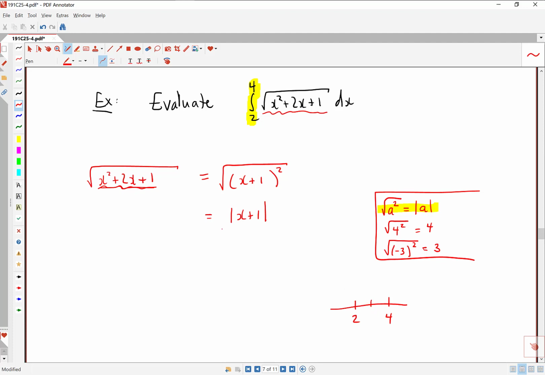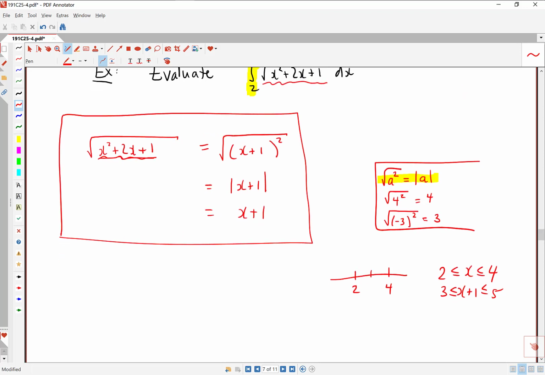And so that tells us for sure x plus 1 is going to be a positive number throughout this problem. If you want to say this from an algebra point of view, x is ranging between 2 and 4 throughout the problem. So that means x plus 1 is ranging between 3 and 5. So for sure, x plus 1 is a positive number, and we can just say this is x plus 1.